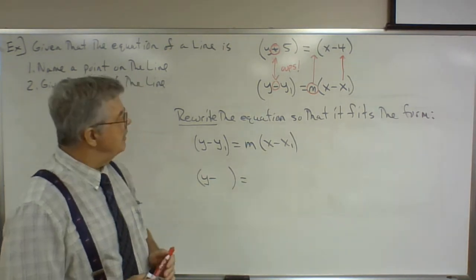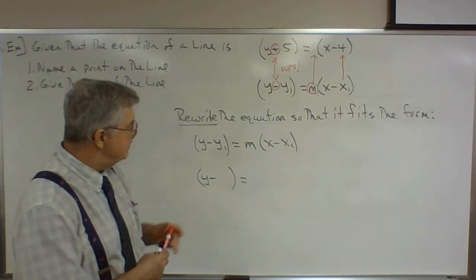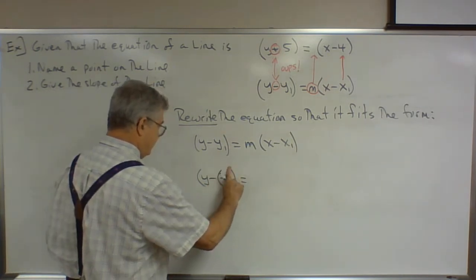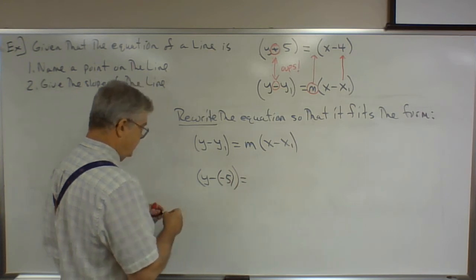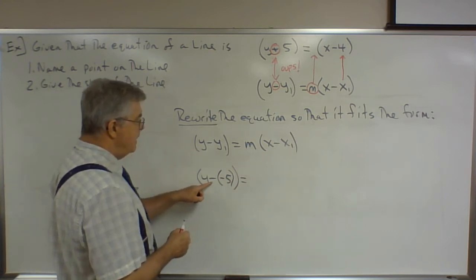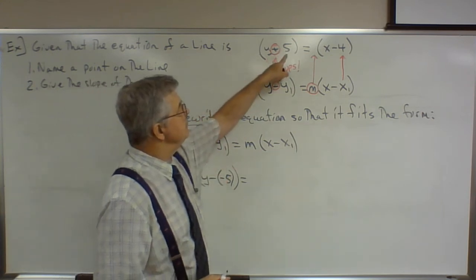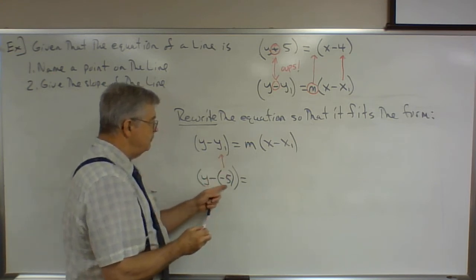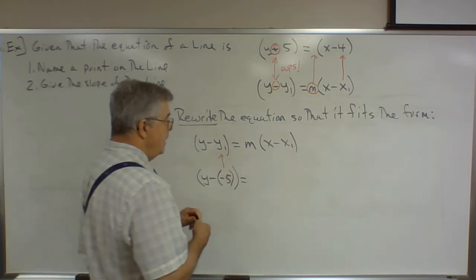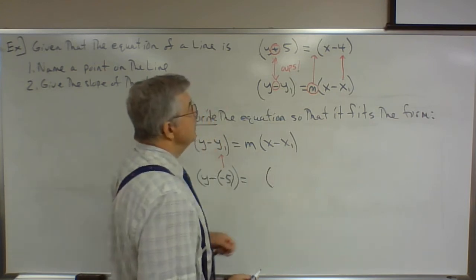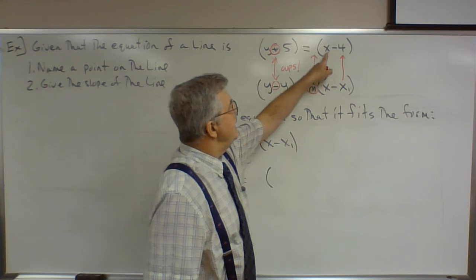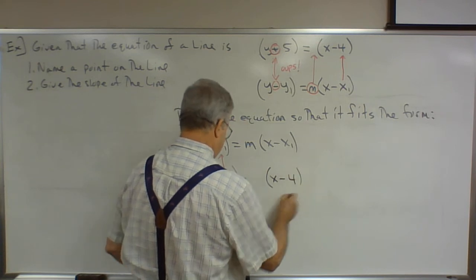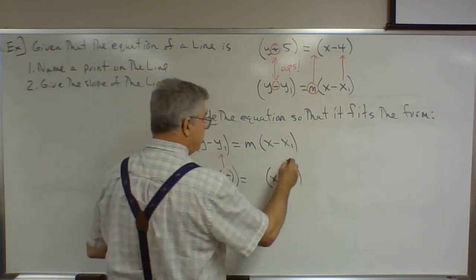If you're saying to yourself y minus negative 5, then you're right. y minus negative 5 is the same as y plus 5, but now we have it written in the form that we want, y minus y1. And over here, there was never anything wrong with this. x minus 4, that's our x minus x1. So no problem there.